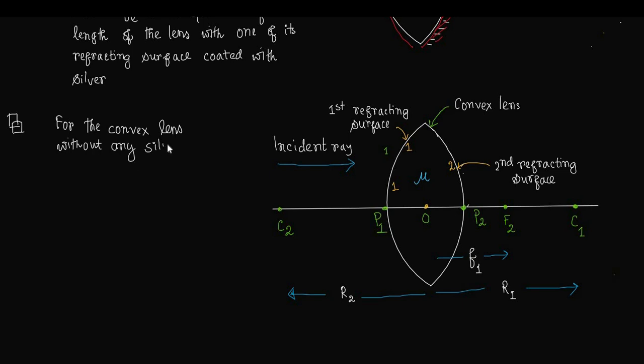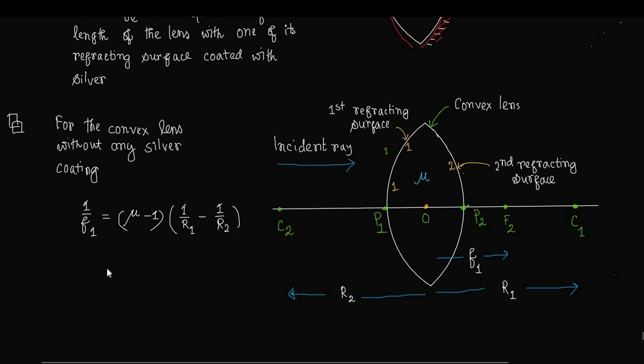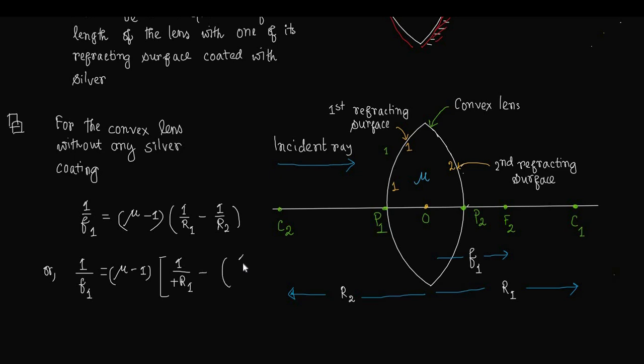If we consider the convex lens without any silver coating, then the reciprocal of the focal length of the convex lens, that is 1 by f1, should be equal to mu minus 1 into 1 by r1 minus 1 by r2, using the lens maker's formula. Now in the second line we should use sign convention: 1 by f1 is equal to mu minus 1 into 1 by r1 minus of minus 1 by r2.